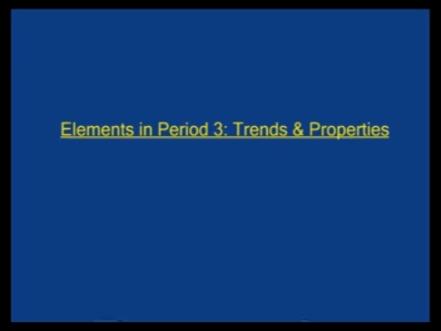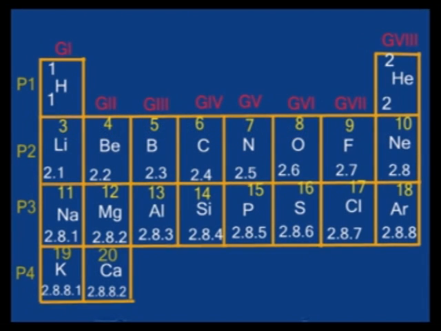So as we start, you and I know that elements in the same group have equal number of electrons in their outermost energy level. Elements in the same period have equal number of energy levels. Now in a group, we know the number of energy levels increase by 1 as you go down the group.